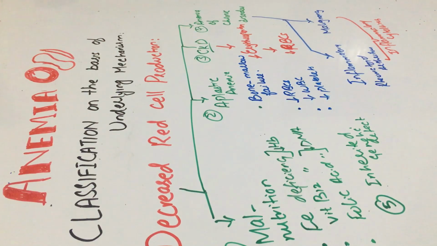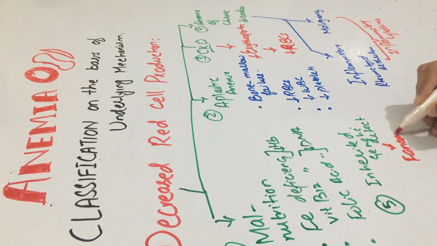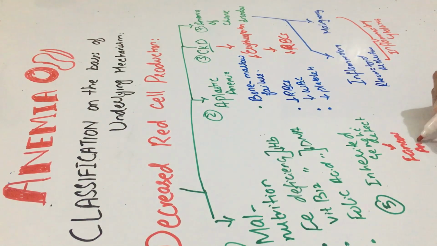So in inherited genetic defects, there could be defects that lead to stem cell depletion. When there is stem cell depletion, red cells would not be produced normally, and there comes Fanconi anemia. In this there is red cell depletion due to the inherited genetic defect.